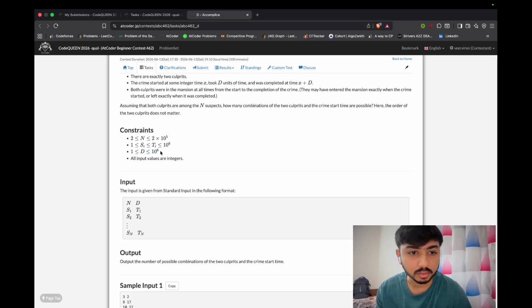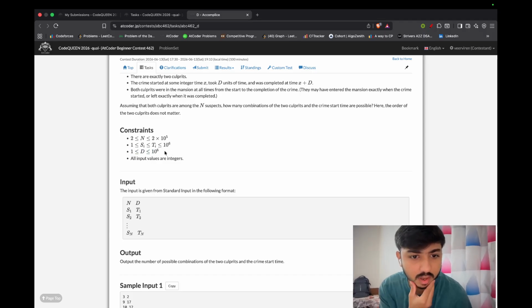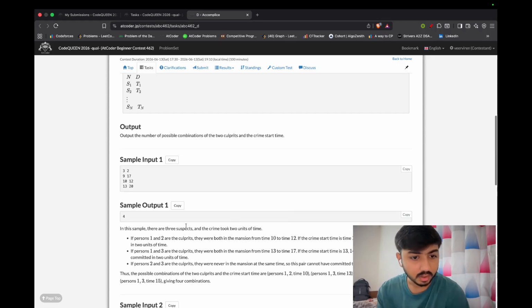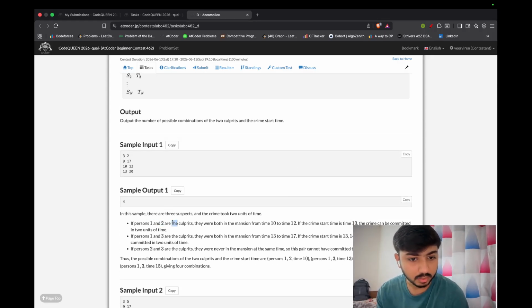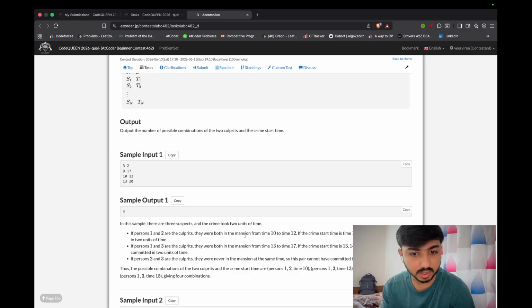Okay, so the crime start time is not certain actually here. That's fine. Output the number of possible combinations of two culprits and the crime start time. So if person one and person two are culprits, they were both in the mansion for the time 10 to 12.